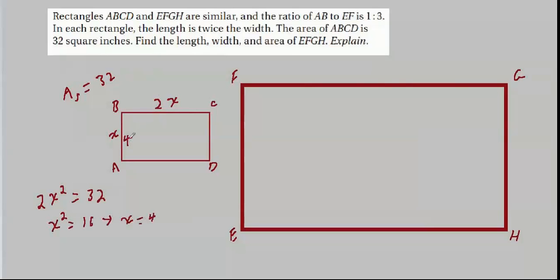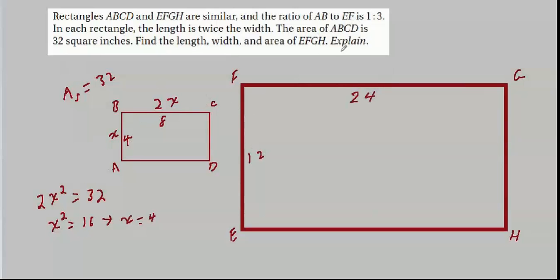So this is 4, and this is 8. So far, so good. Now they tell us what the ratio is. It's 3-to-1. So our work's almost done for us. If you can figure out what 3 times 4 is, and I'm sure you can, that's 12. 3 times 8, well, that's 24.